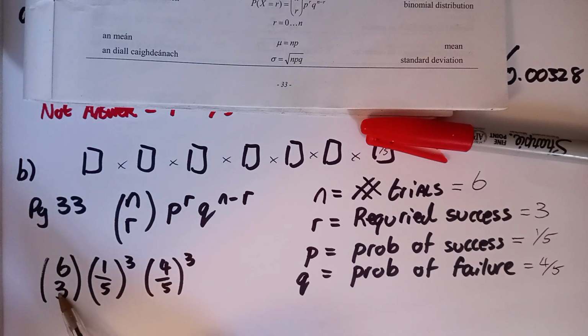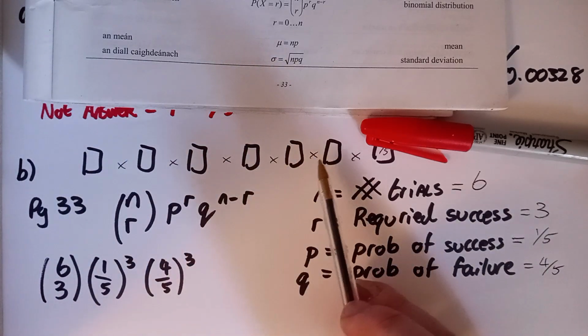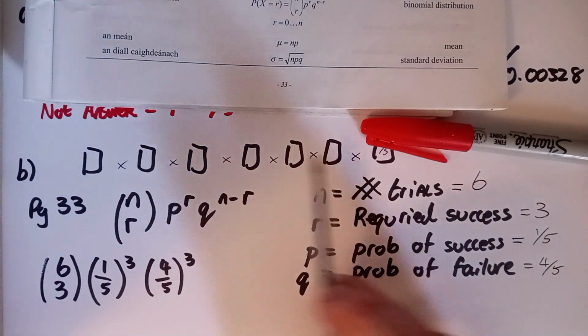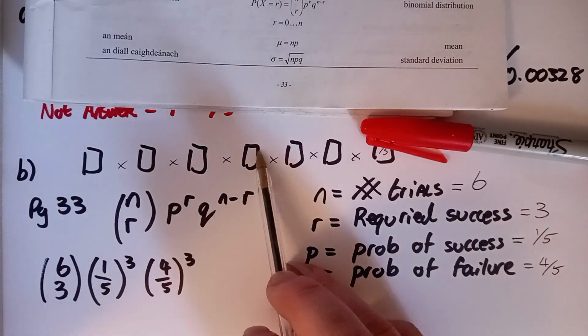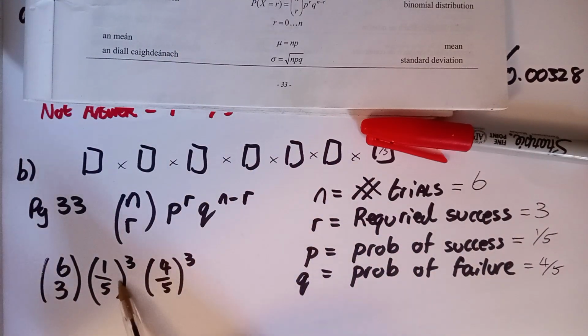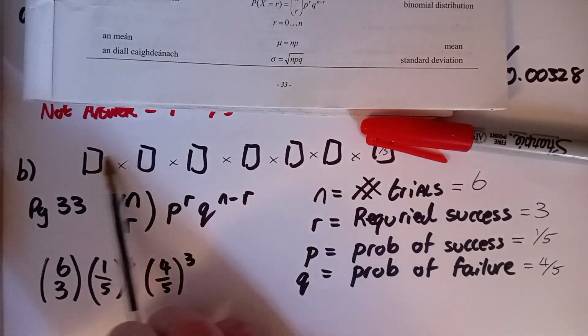And finally, this is all the ways that you can arrange this situation and this situation in these 6 spaces. I could put these 3 at the start, these 3 next. I could put 1 at the start, then the 3 fails, and then the 2 successes, etc.